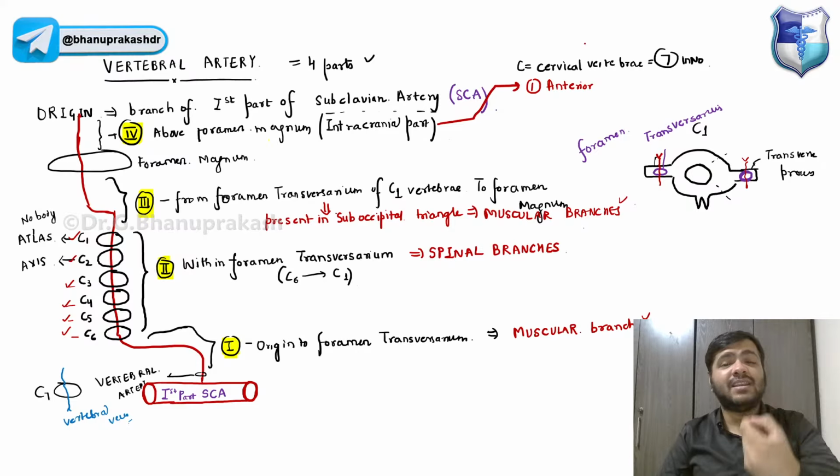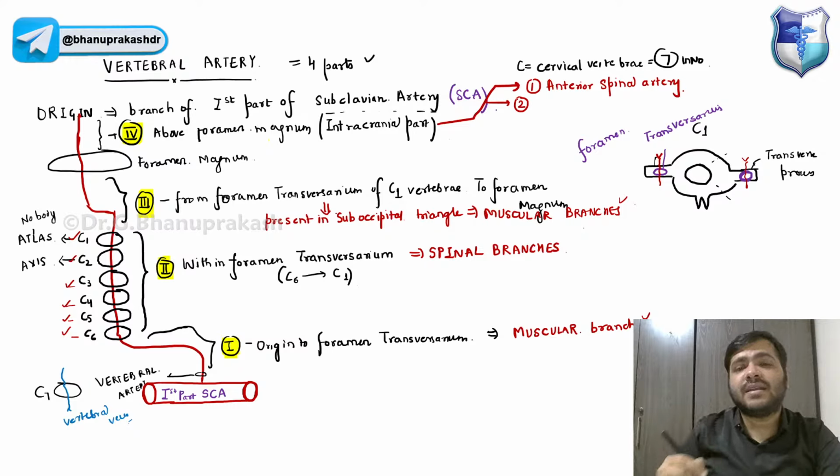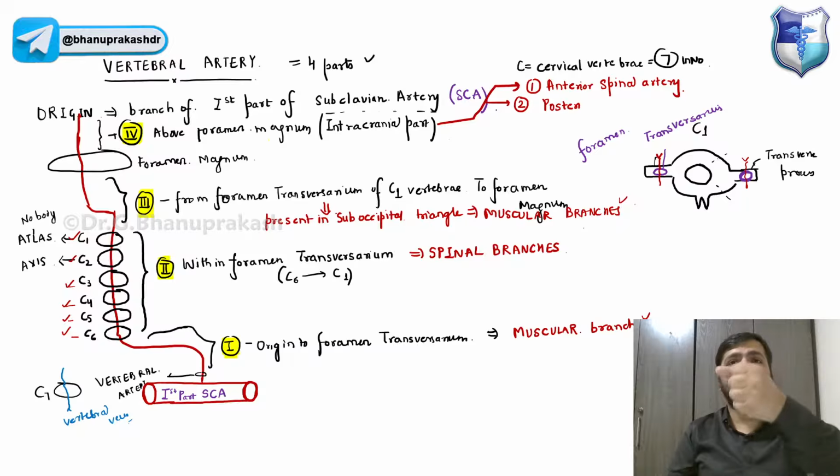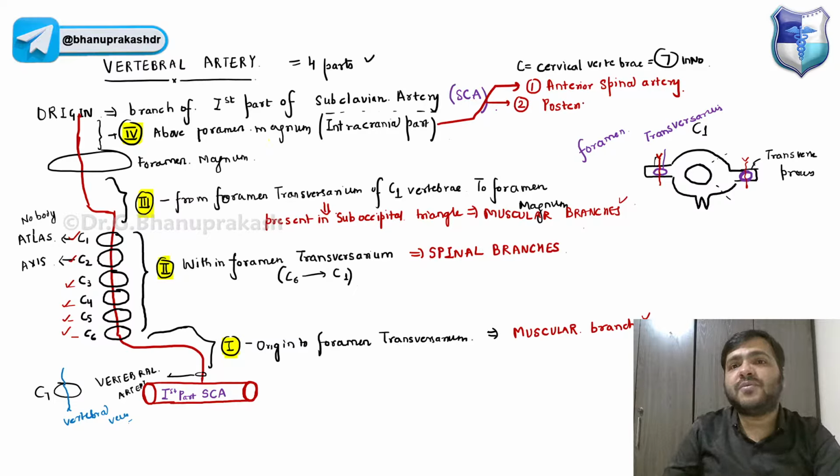In that fissure, this spinal artery runs continuously throughout the length of the spinal cord. So that is the anterior spinal artery. Behind, in the posterior median sulcus, we have the posterior spinal artery. So in front of the spinal cord, the anterior spinal artery; behind the spinal cord, the posterior spinal artery.